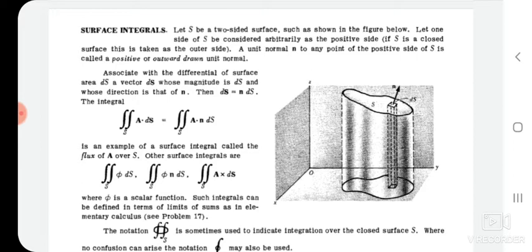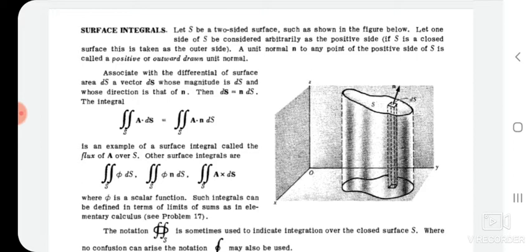Surface integral is two dimensional, that is why the surface integral over S of A dot dS is equal to the surface integral of A dot n dS. This is an example of surface integral called the flux of a vector A over a surface S.